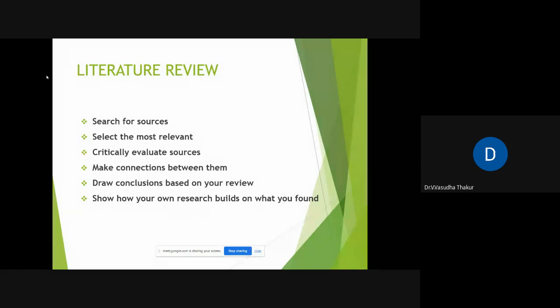If you develop a connection, it will benefit you as a candidate. A connection developed between the reviews will help you better understand what next you can do as a researcher. What is that area that they did not cover and you can do?